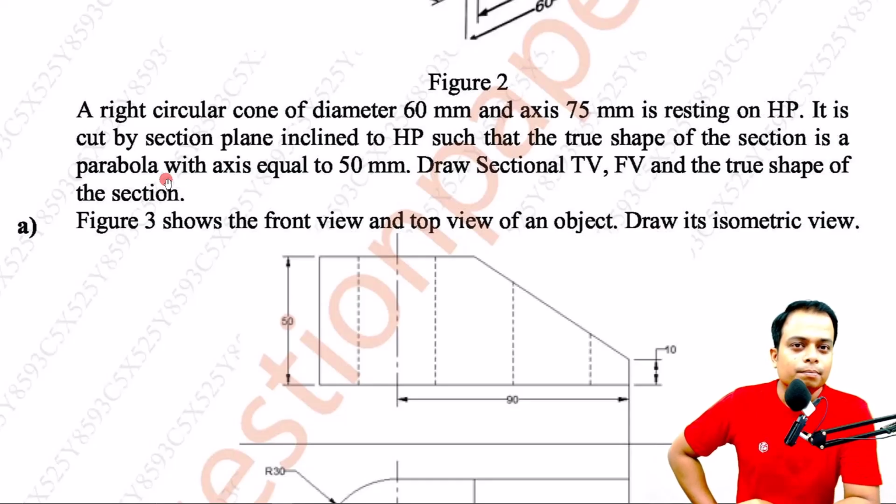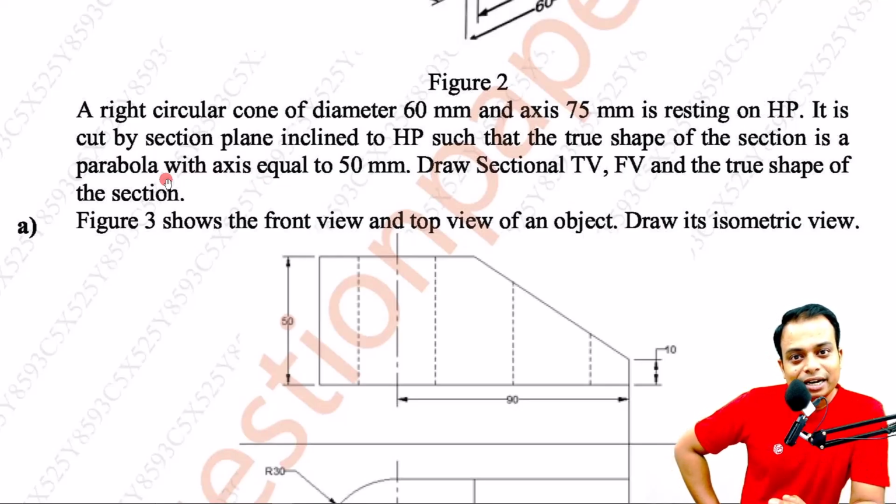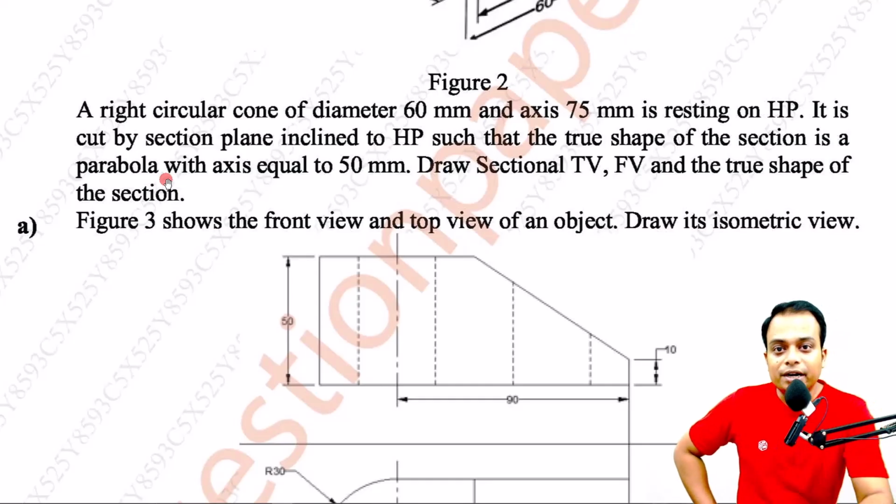Try to remember, what are the conditions to obtain a parabola when you have been given a cone and a cutting plane? If you cut the cone in such a way that it is parallel to any one generator, then the conic section obtained is a parabola.